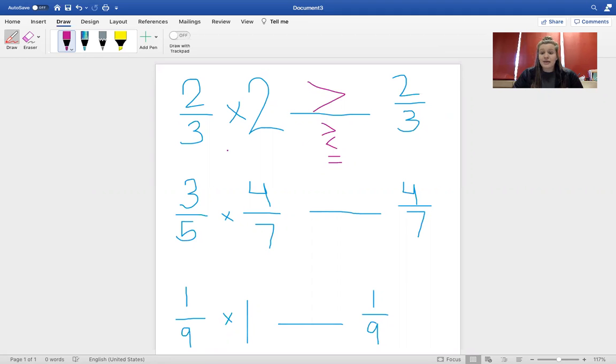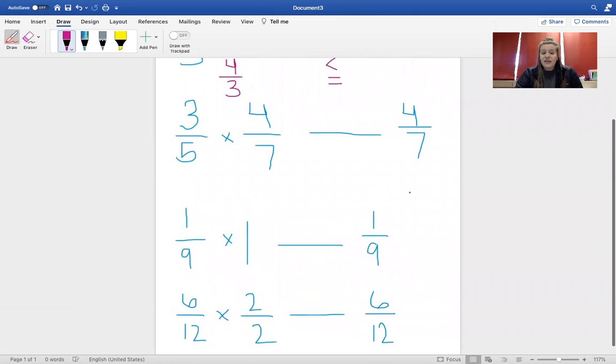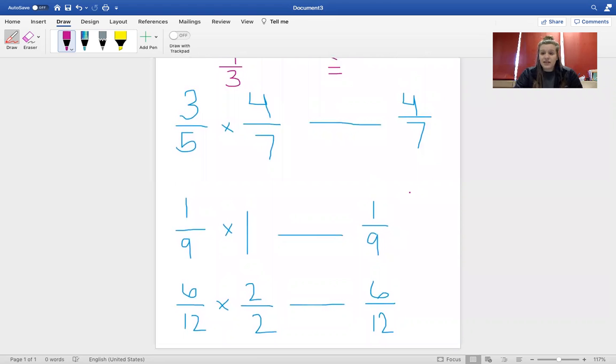So our answer is going to be greater than 2/3. And if you actually solve this, you would have 2 times 2 is 4, and your denominator would stay 3 because you could put 2 over 1. And we do know that 4/3 is greater than 2/3.